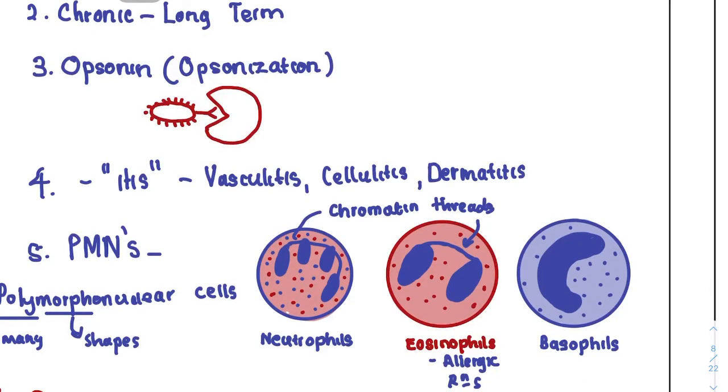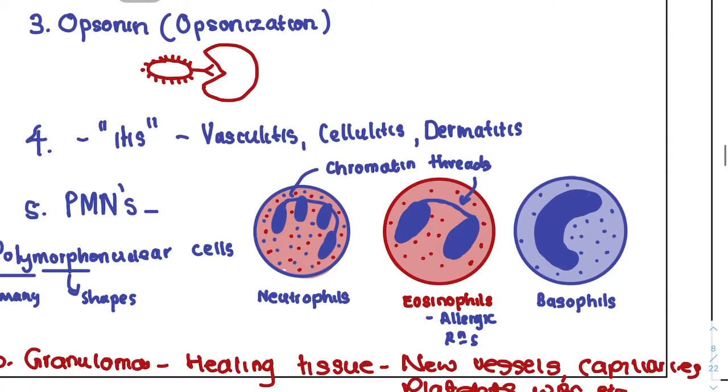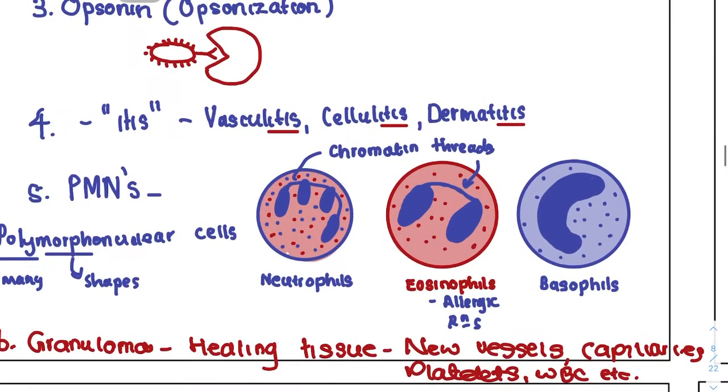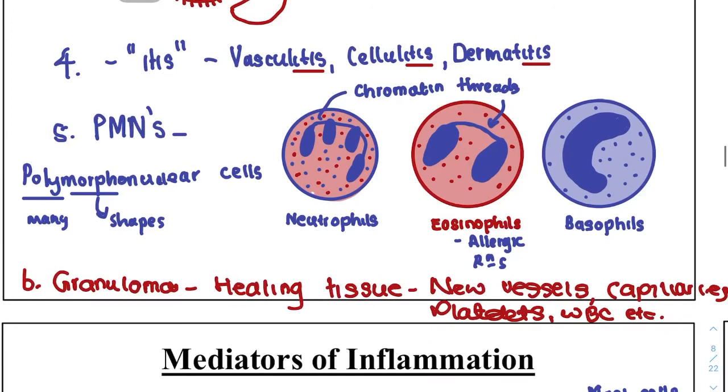Now, whenever we learn any diseases, if a word has the suffix itis, I-T-I-S, at the end of the word, that is an inflammation. For example, vasculitis, cellulitis, dermatitis, there's so many examples. And next, PMNs, polymorphonuclear cells.